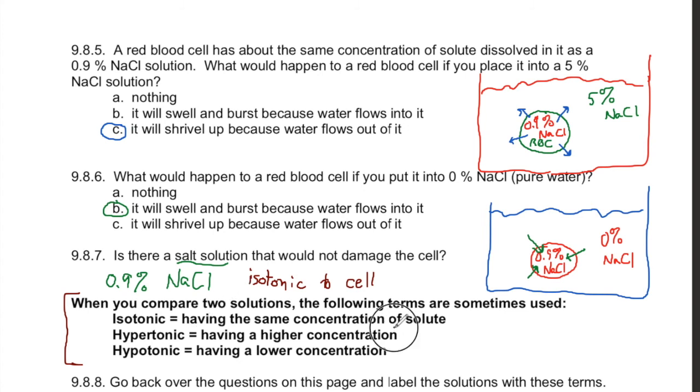If you have two solutions with different concentrations, one would be hypertonic and one would be hypotonic, just depending on which one you're referring to. So here, in this case, the solution is hypotonic and the cell itself would be hypertonic because it's higher. And in this case, the solution is hypertonic and the cell is hypotonic.